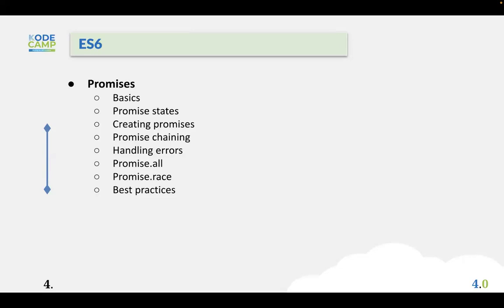Promises are actually objects that have to wait for code to finish. And after the code is done executing, it then resolves or rejects.